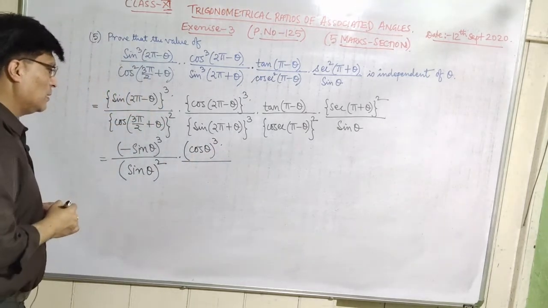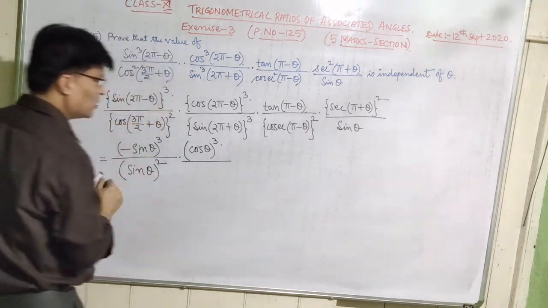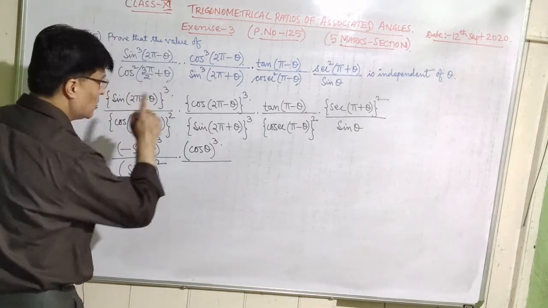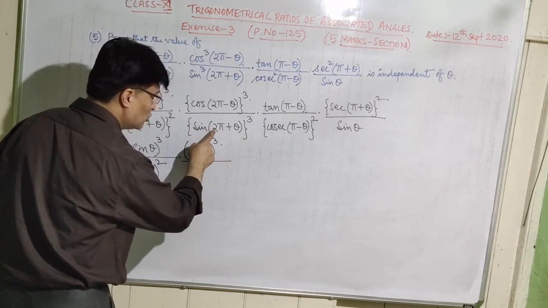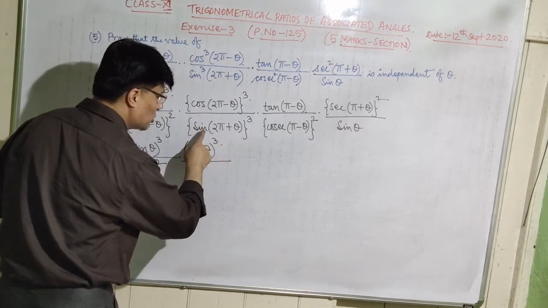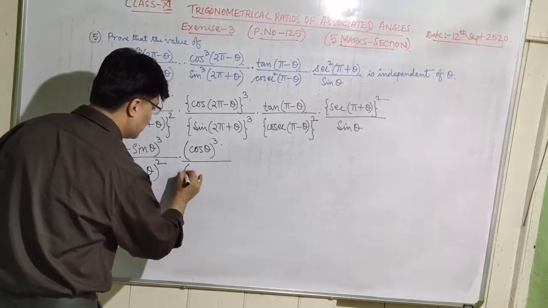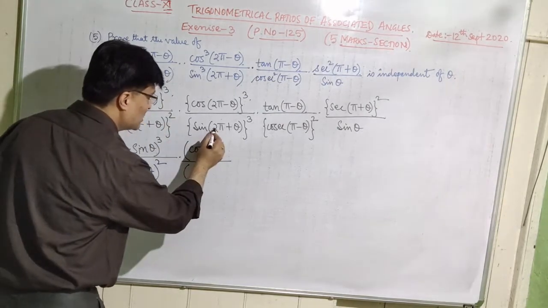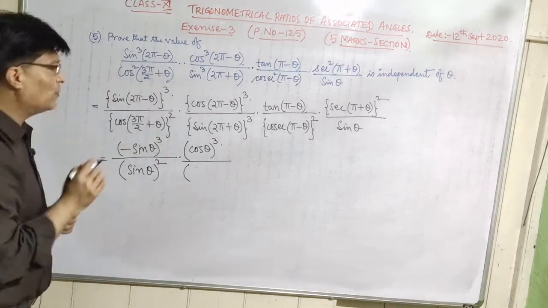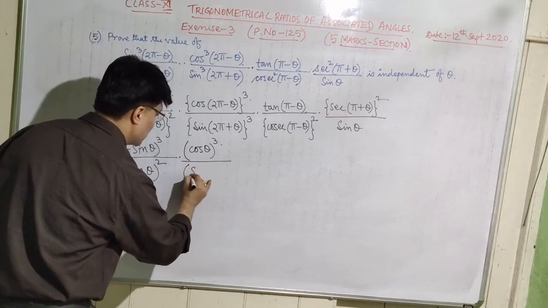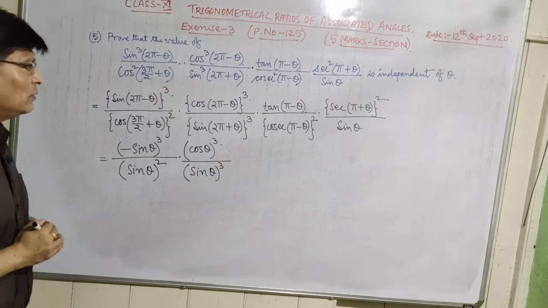Divided by, in the denominator, sine 2 pi plus theta. This is 360 plus theta, so it lies in the first quadrant. In the first quadrant, sine is always positive, and sine remains same because 360 is an even multiple of 90. So it is sine theta whole cube.